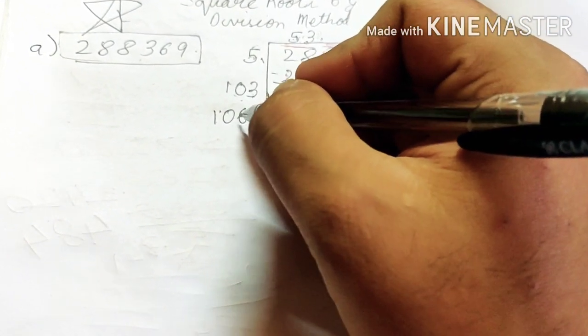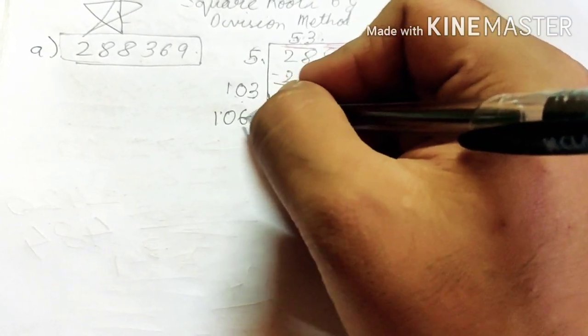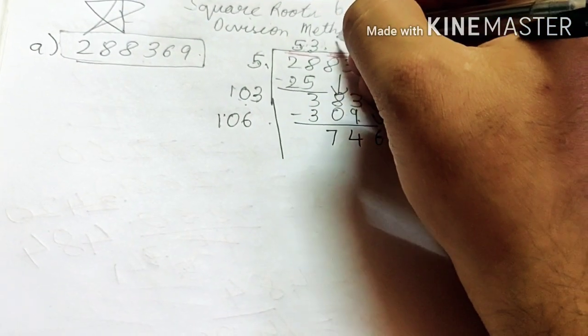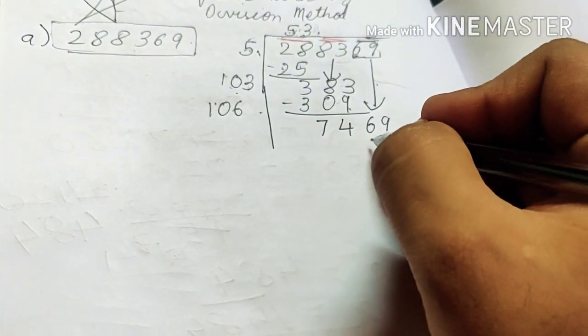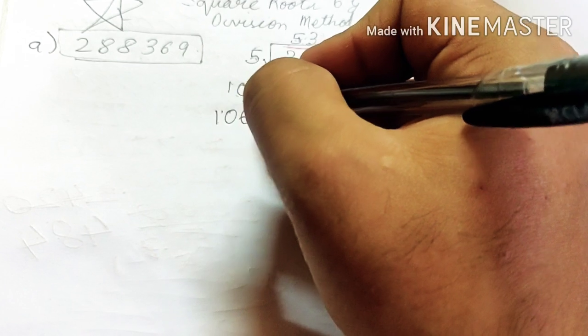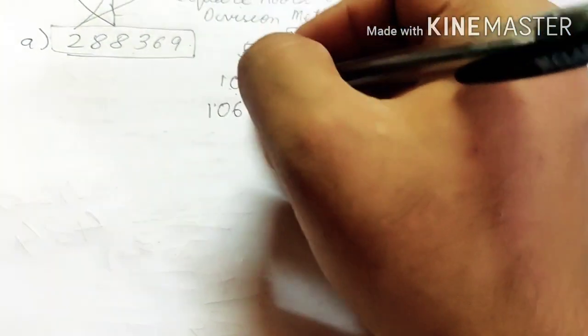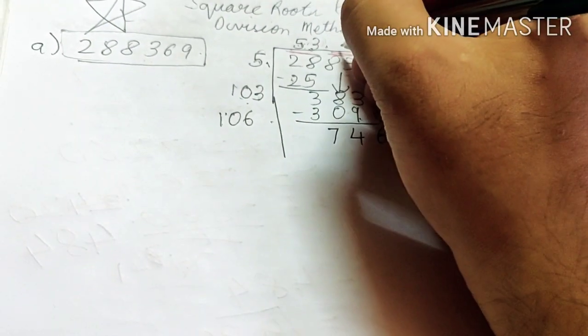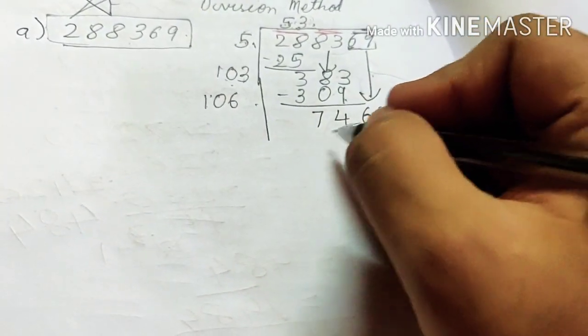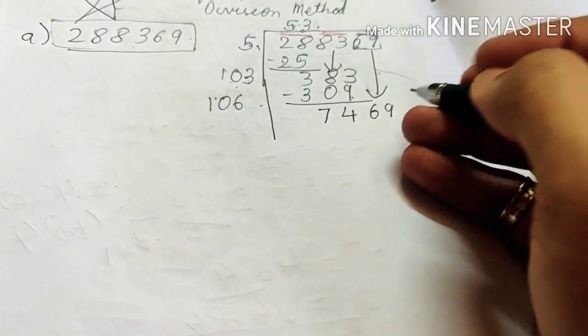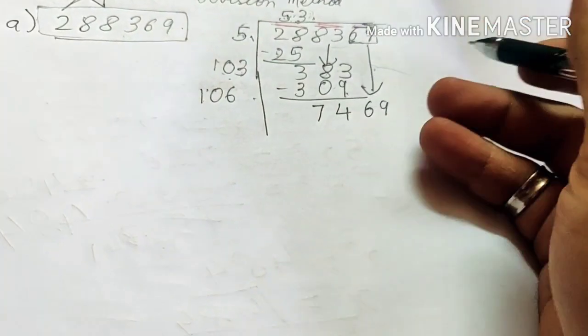And then further again, 1060 into 0 will be 0. Then 1061 into 1 is 1061. 1062 twos are 2124.